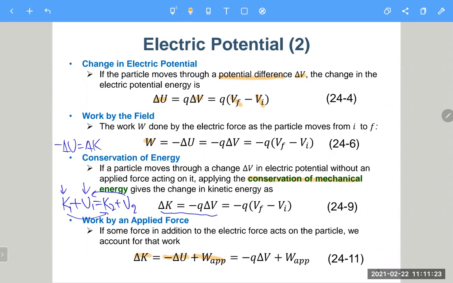Which means that for the third case, if you don't apply any work on it and without any loss, then we have conservation of mechanical energy. If we apply some work on the charged particle, then the total mechanical energy will change due to this work done.